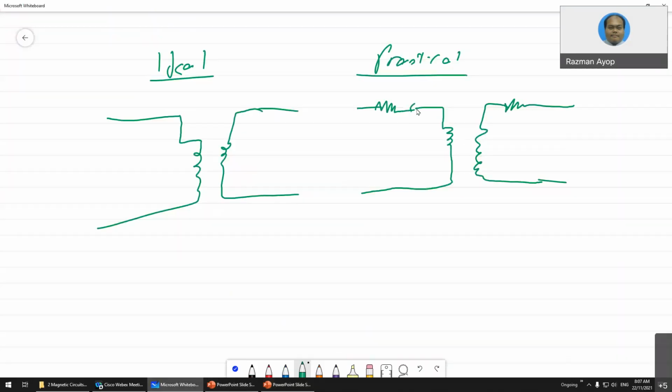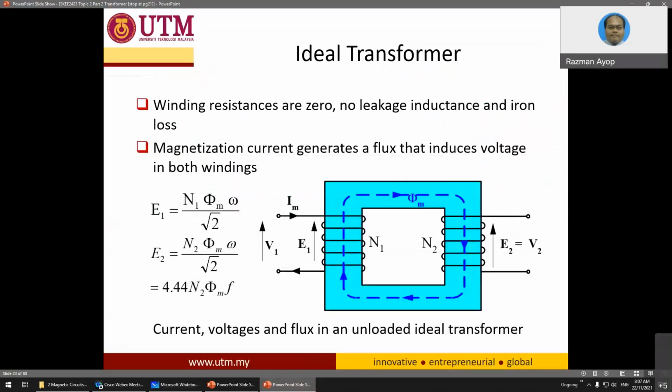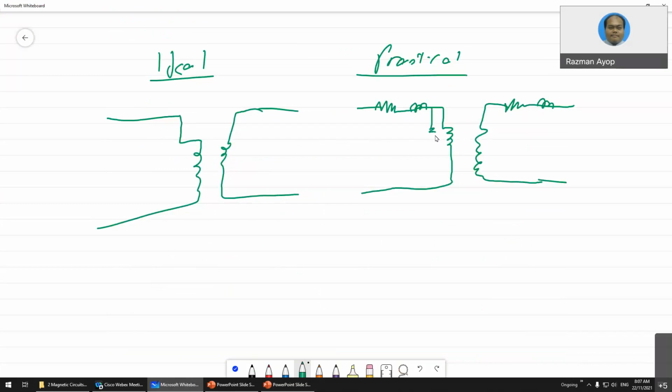If you recall, there is a leakage flux when you do winding, so it is represented as an inductor. And iron losses are something like this, represented as resistance and inductance.